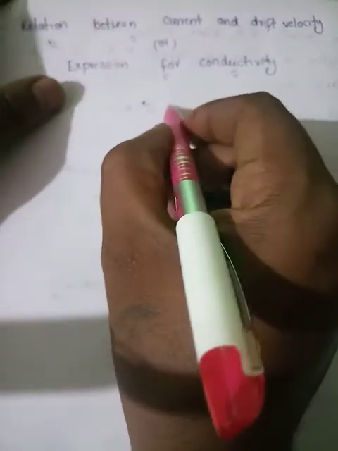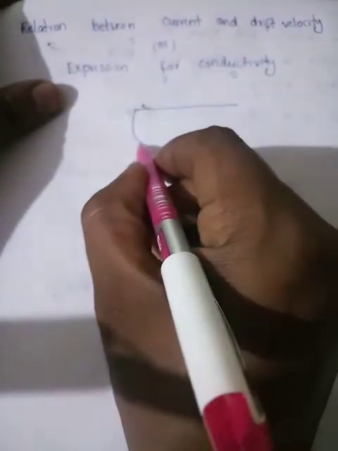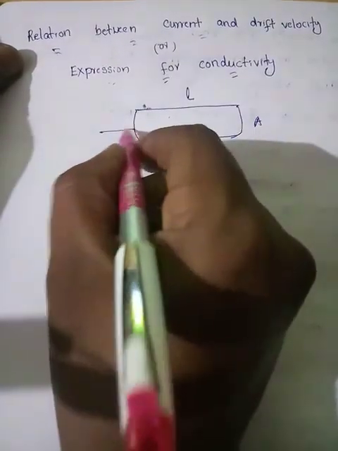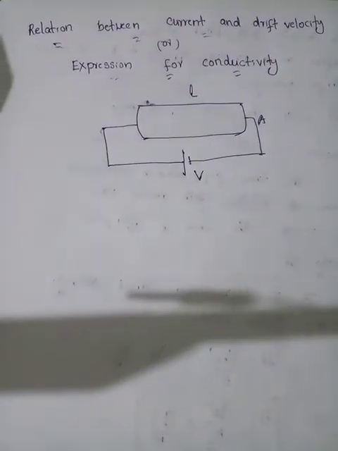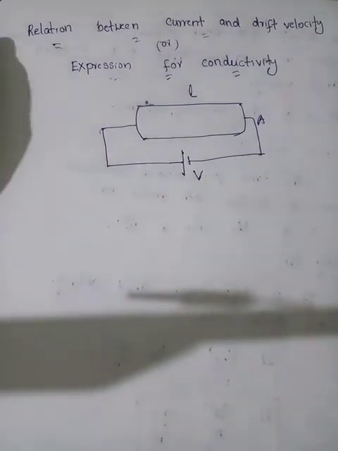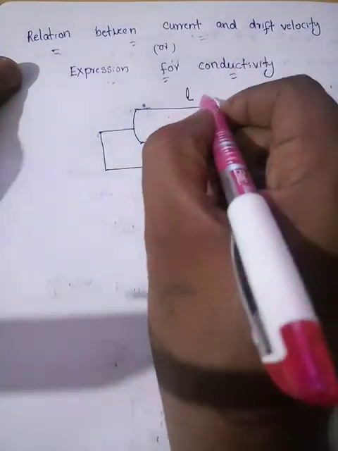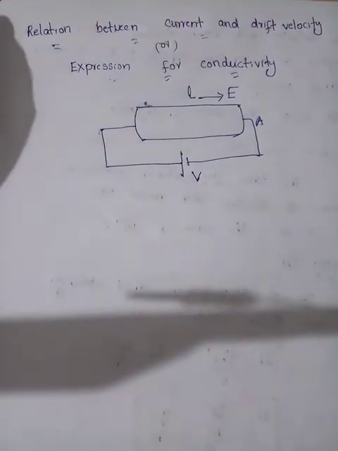Let's see. Let us take a conductor having length L and area of cross section A. Let us connect it to a battery, because to flow current we have to connect a battery, right? Let us assume that it is connected to a battery of potential V. Now what happens? It produces an electric field that moves from positive to negative.